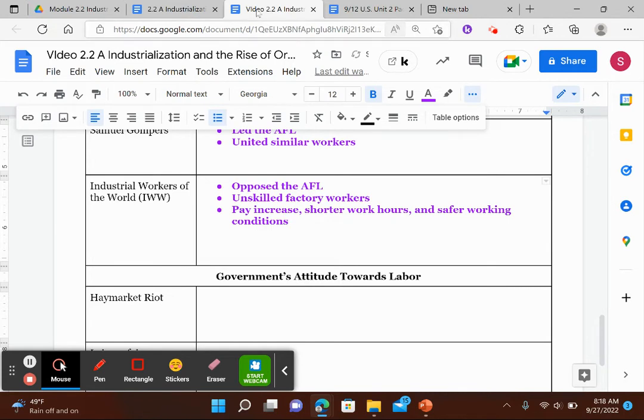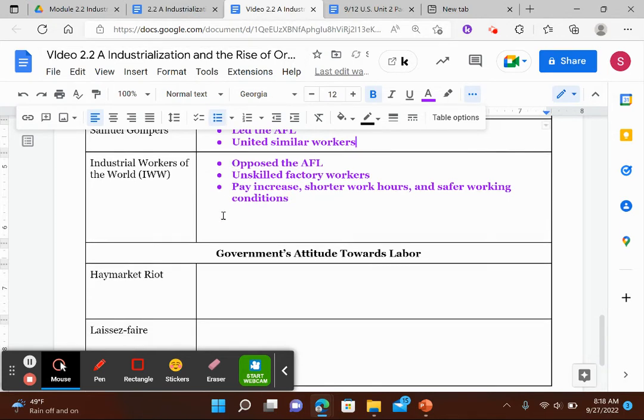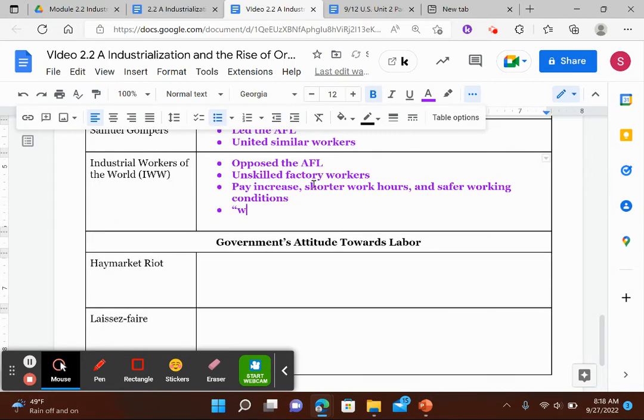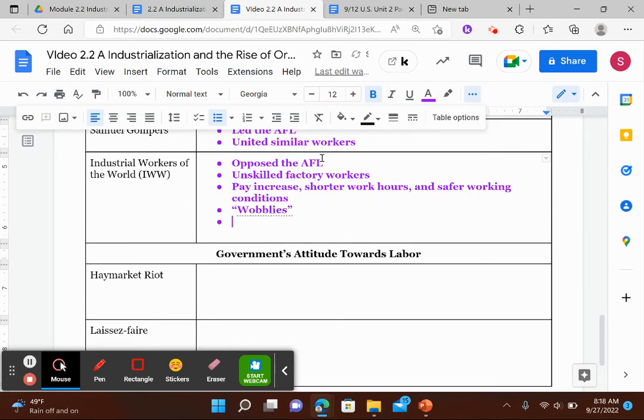Okay, very good. Little fun fact, they were also called the Wobblies. So the IWW was organized on a class basis, welcoming all kinds of workers, including immigrants, minorities, women, and unemployed.